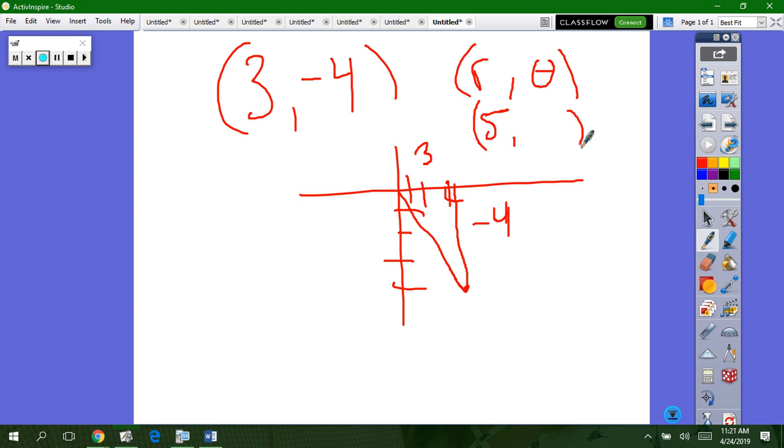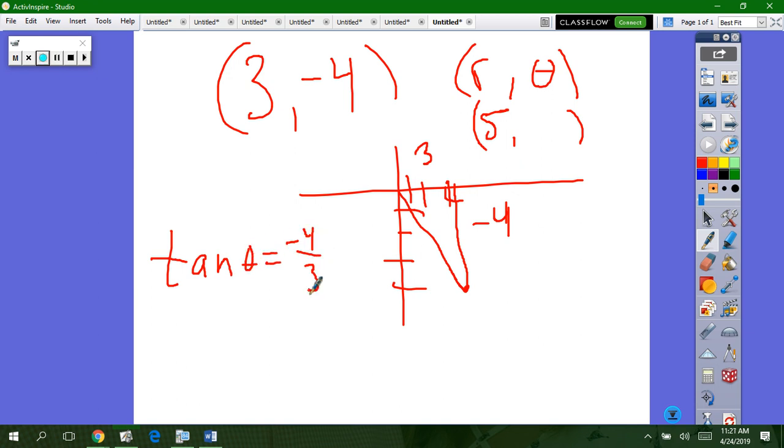All right. Well, the other part I need to find is theta. How can I find theta with just y and x? Because I want to only use y and x because that's what was given to me, right? Tangent. So tangent of theta is -4/3.